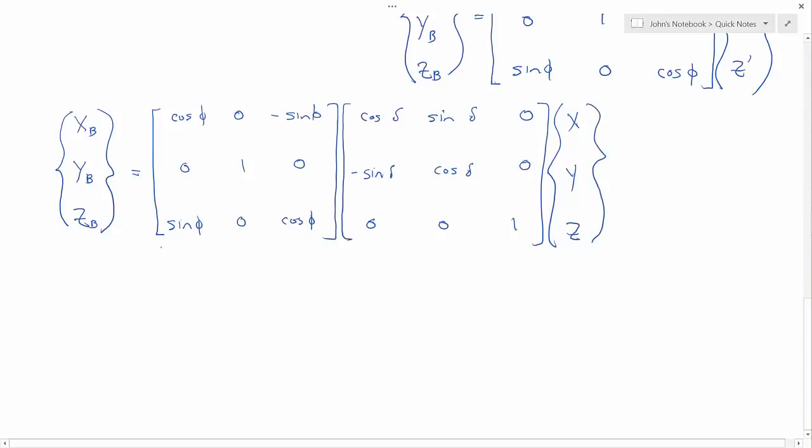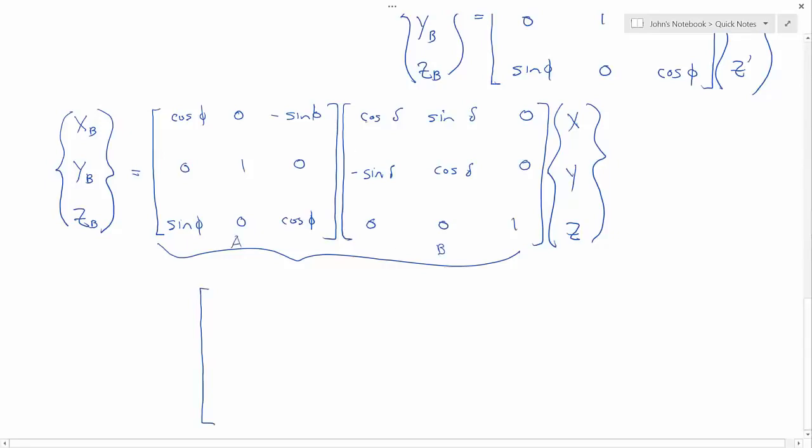And we know how to do matrix-matrix multiplication, right? So let's multiply this together. So what's the first term? Let's call this A and this B, right?